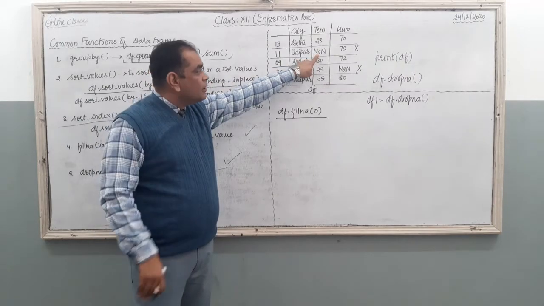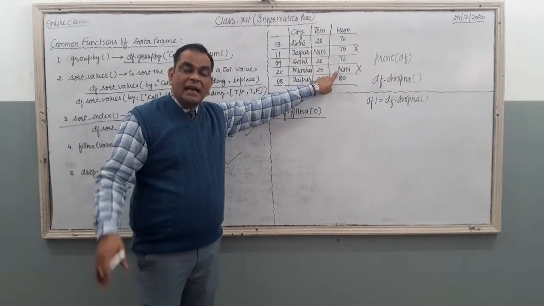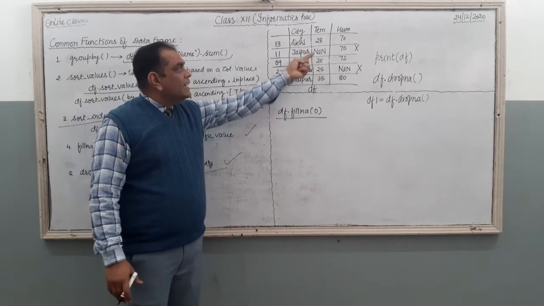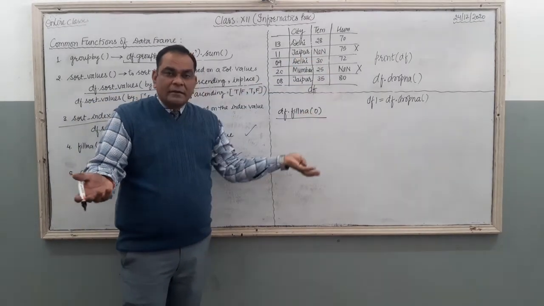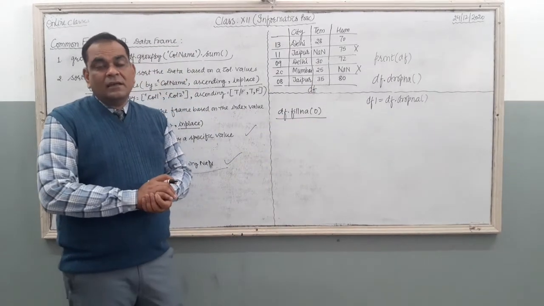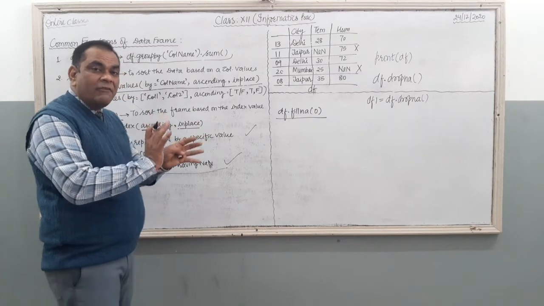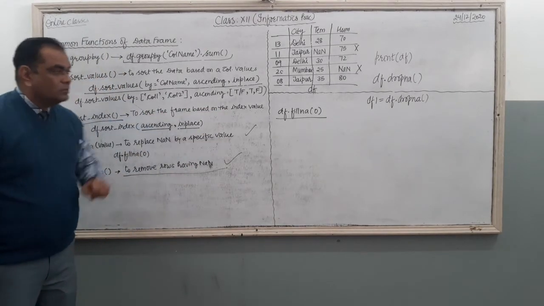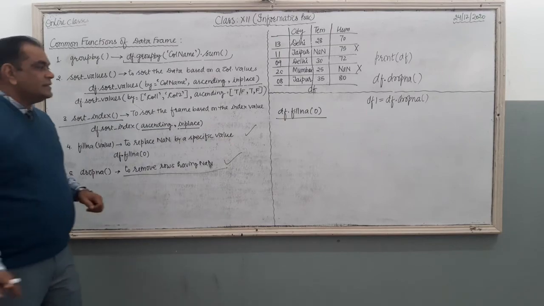Instead of NaN, 0 will be there. Instead of this NaN, again 0 will be there. Yes, you can give any value. You can give 10, then NaN is replaced with 10 only. Right? So the fillna function replaces NaN values with the specific value provided by you. Clear? This is the fillna function.